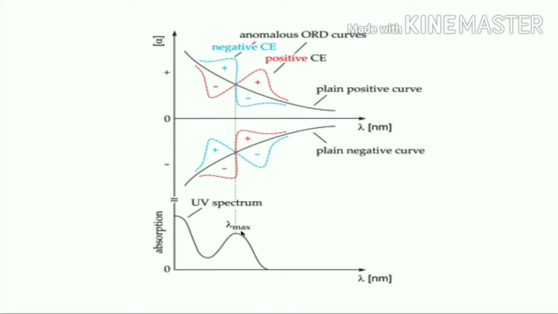So this is the anomalous ORD curve, and you can see this lambda max will coincide with the ORD curve. So this is how the absorption is going to affect the ORD curve. Before it is plain, so whenever there is a chromophore in the vicinity of a chiral center, it is going to show anomalous behavior, that is called the Cotton effect.